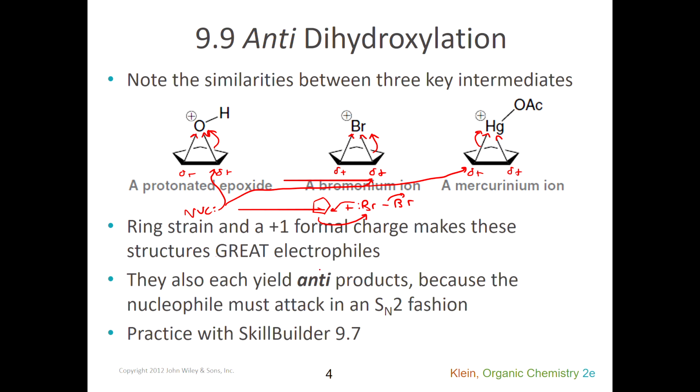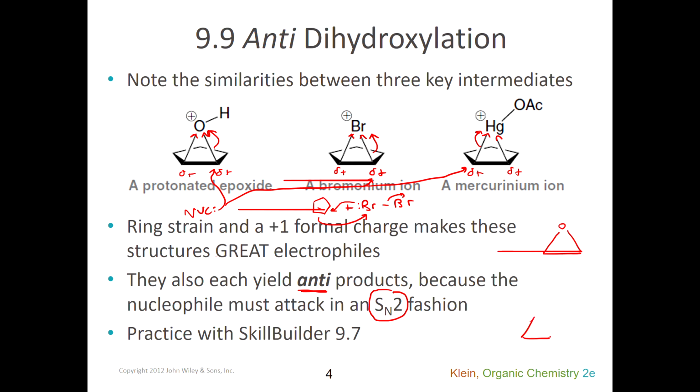And we said in the other instances we've already looked at, and now in this instance, we're going to get anti-products because the attack is similar to an SN2. It's not exactly the same as an SN2 because once the positive forms, it will already start to break one of these bonds. And that also would apply to the epoxide.